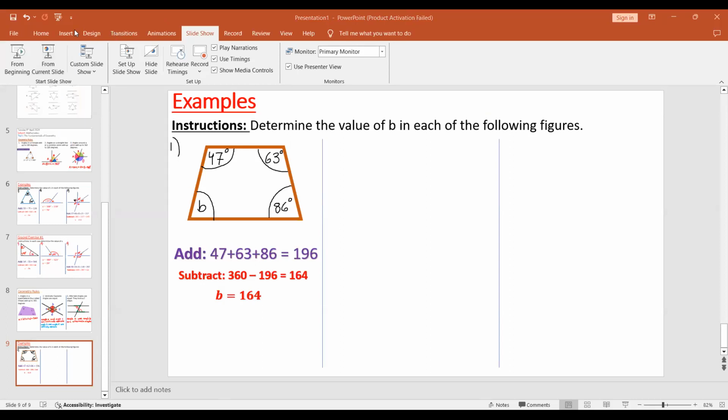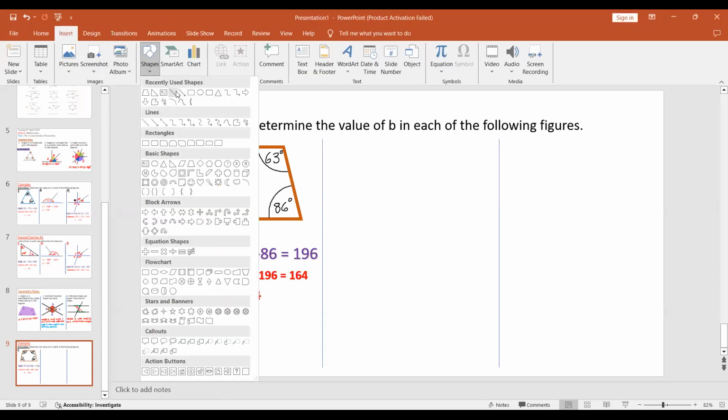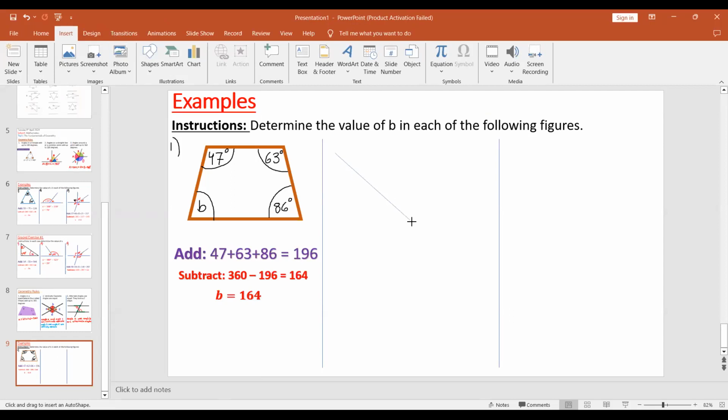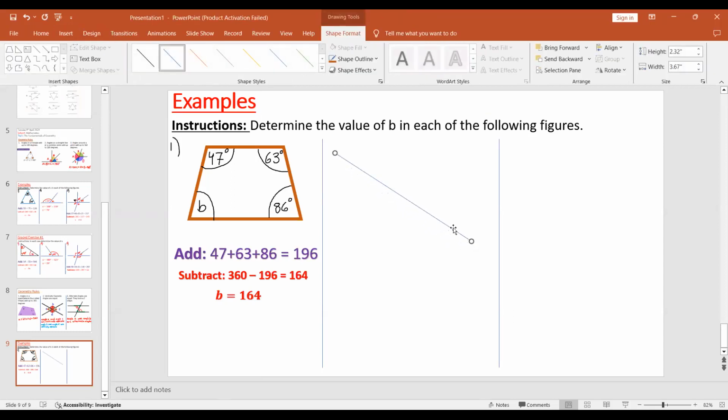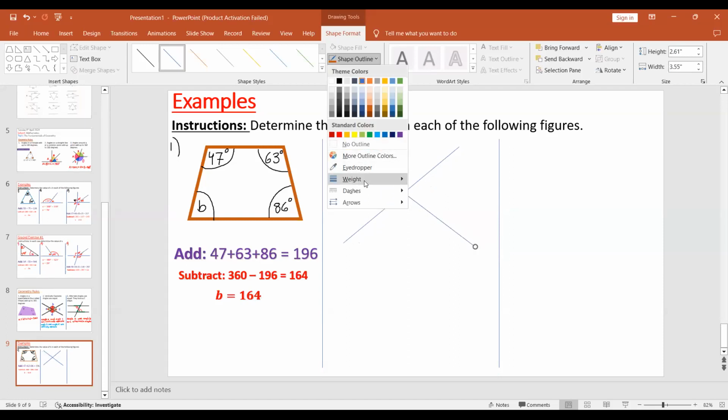Here we have the shape, right? With this shape, this line. Let's say that we have, let me enlarge this.